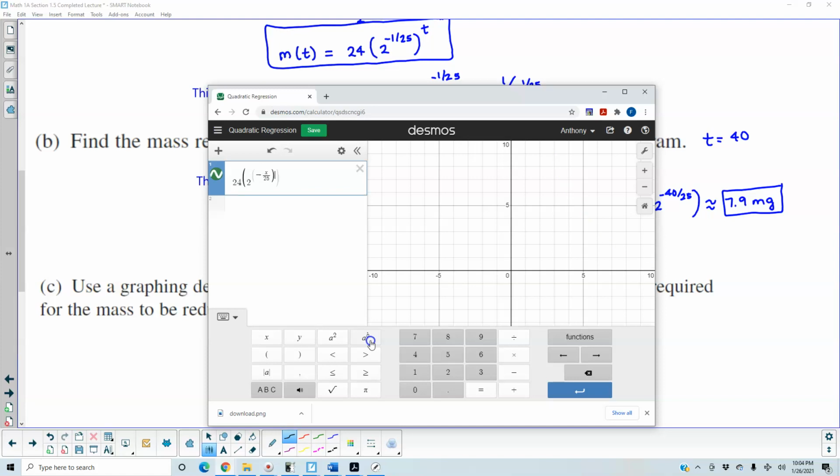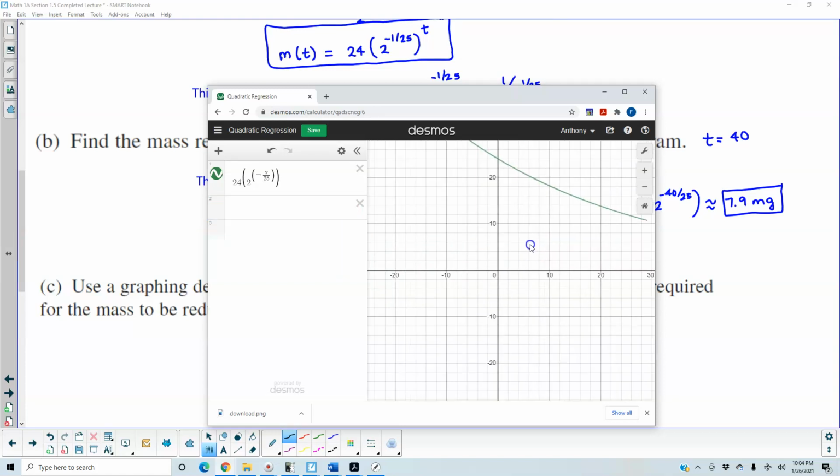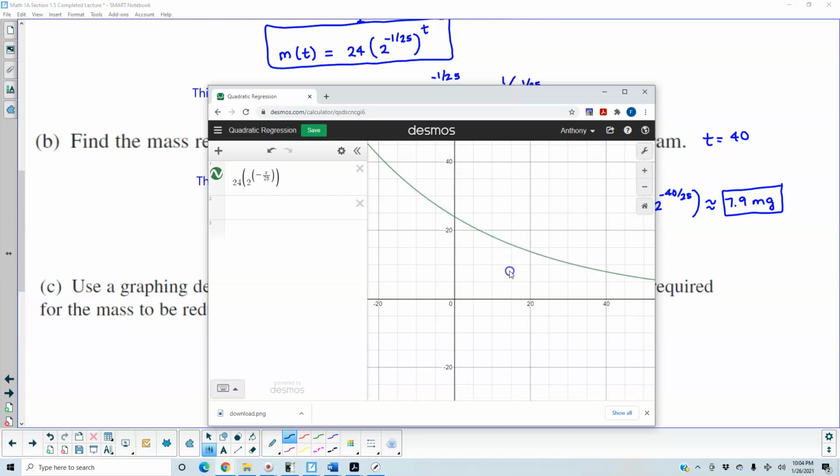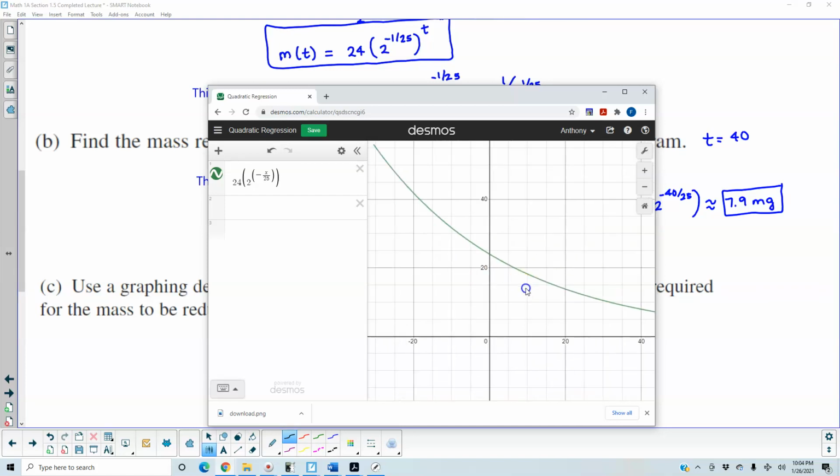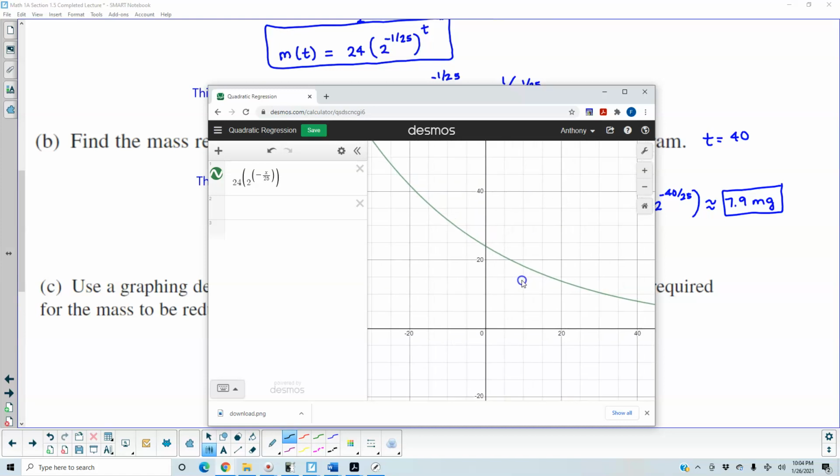Okay, as you can see here, we're not able to see anything in our graph, but as we scroll a little further, we might be able to see what's going on. You might have to move some things around.